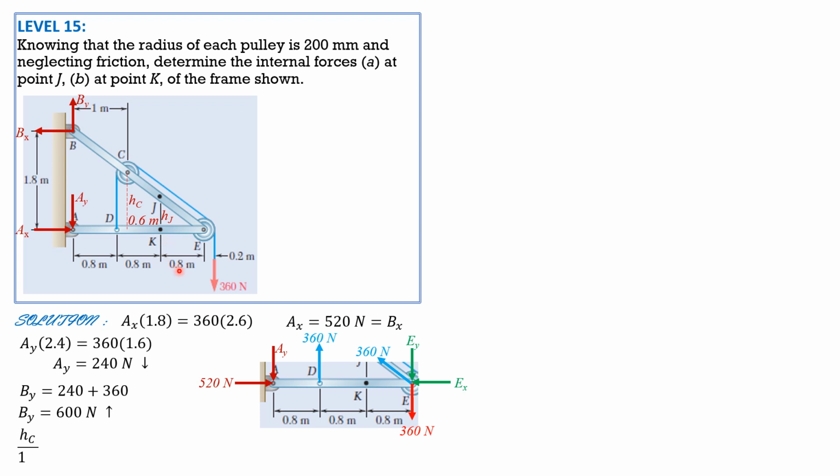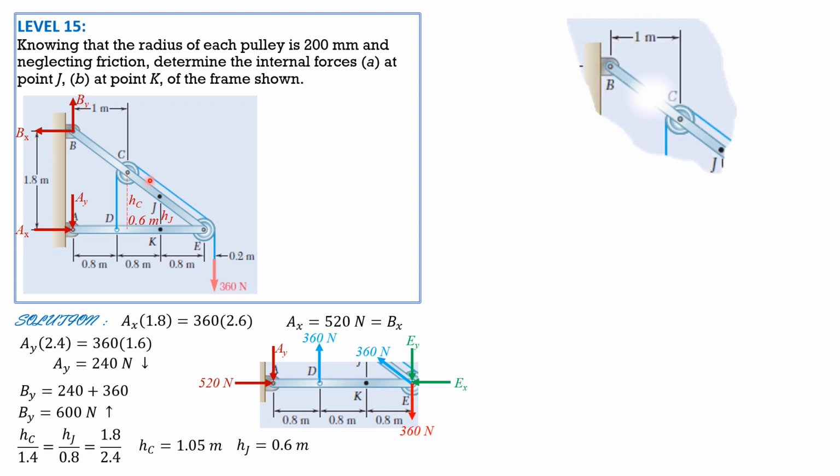By similar triangles, HC is to 0.6 plus 0.8, 1.4, equals HJ is to 0.8 equals 1.8 is to 2.4. So solving, HC is 1.05 meters and HJ equals 0.6 meter.